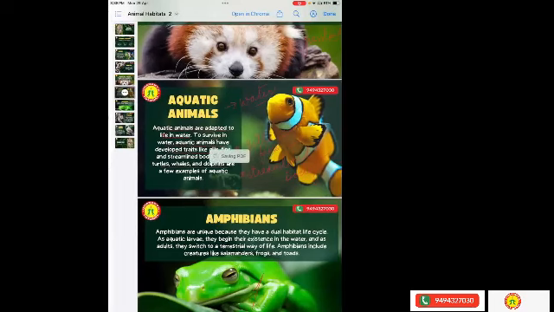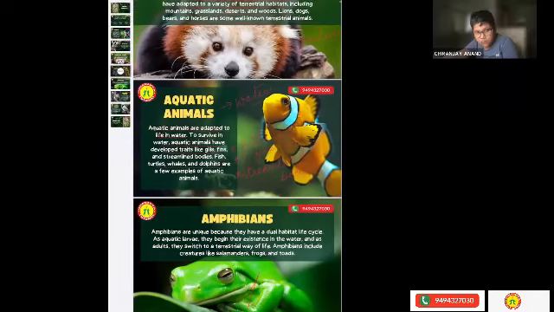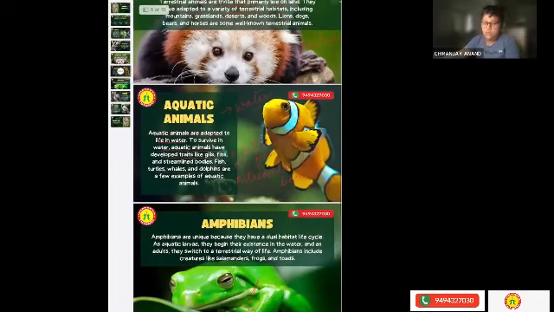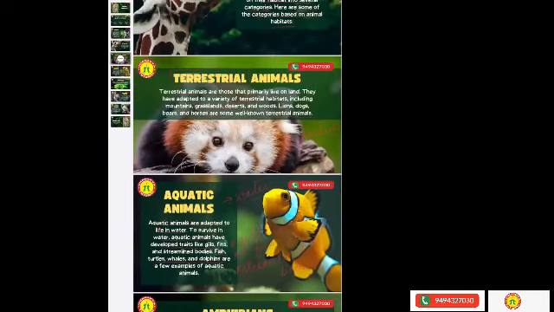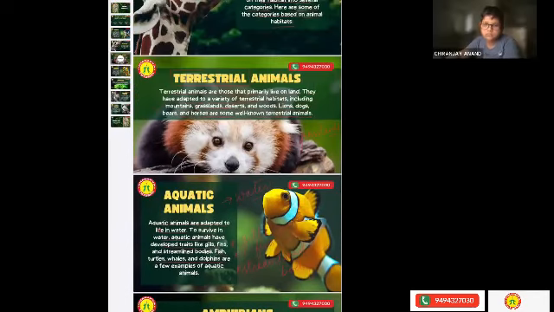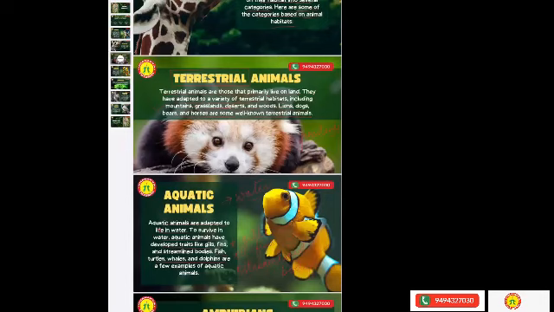the amphibians. But before going to the amphibians, write the terrestrial animals and aquatic animals in your copy. Hurry up. Advik Singh, Chiranjay, Advik Panchugula, and Advait, write it fast about this terrestrial and aquatic animals.